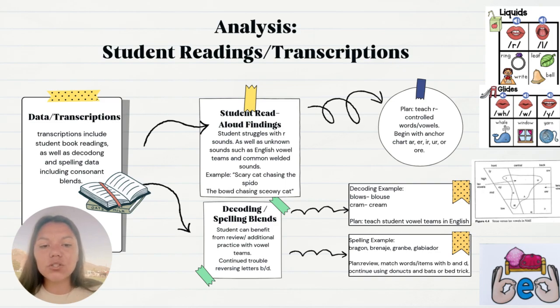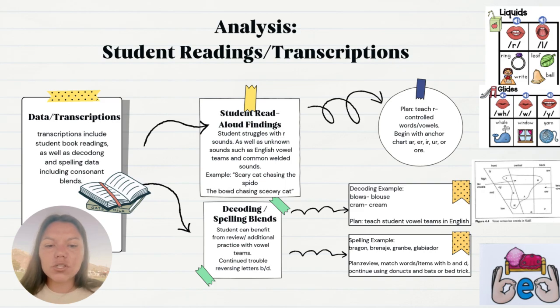So my plan would be to teach her vowel teams that are present in English. Some of her other misinterpretations include reversing the B and the D. That is also something that she has had struggles with in the past. But when she does use her skill, or she is reminded of that skill, she is able to apply it.